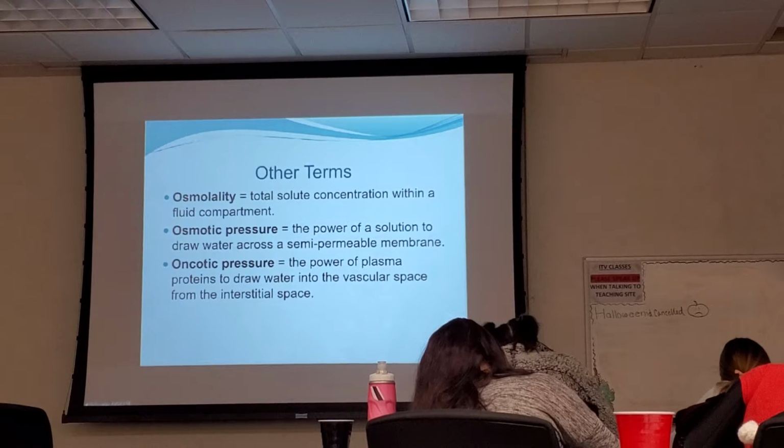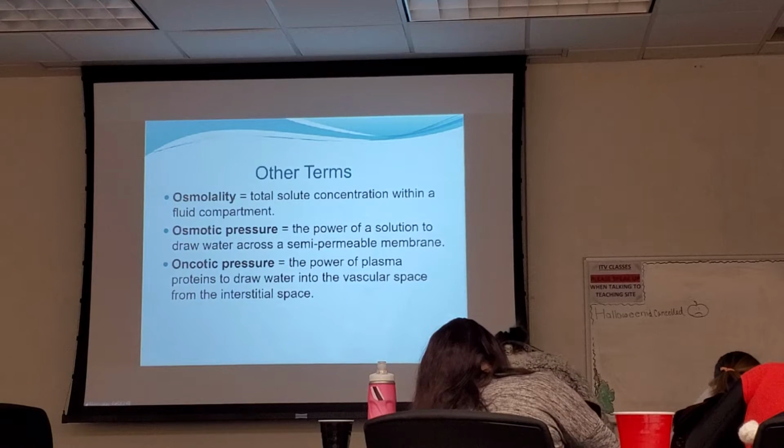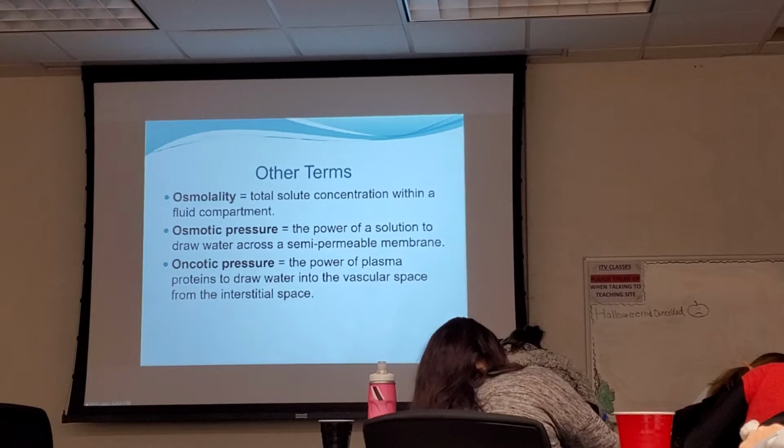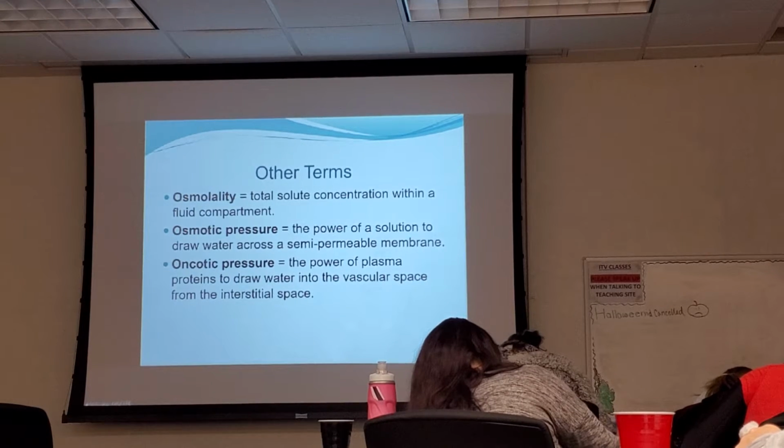Edema occurs within the interstitial space. Please make note of that. Understand that that's where that fluid is. Edema is not in the cells, and edema is not in gorged blood vessels. It's the fluid in between.